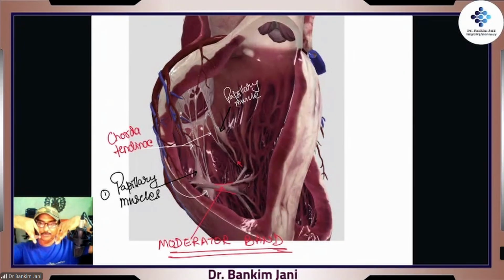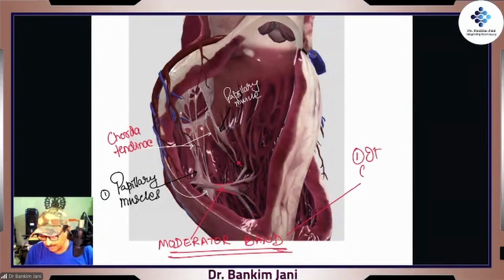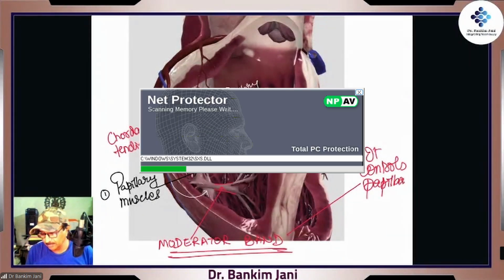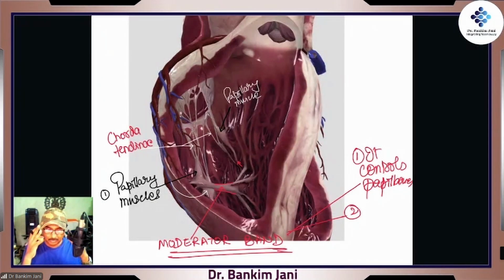An umbrella often turns inside out, right? This moderator band will control everything in such a way that it should not go in reverse. And second, one, it controls the papillaries. And second, a very important thing, that all the muscles should contract at the same time.